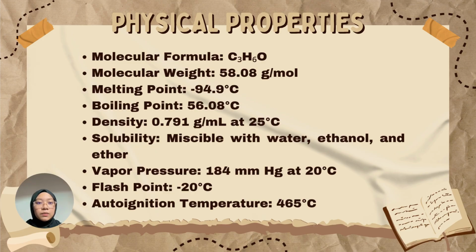Density is 0.791 g/mL at 25 degrees Celsius. And the solubility is miscible with water, ethanol, and ether. Vapor pressure is 184 mmHg at 20 degrees Celsius. Flash point is negative 20 degrees Celsius. And the last one is auto-ignition temperature, which is 465 degrees Celsius.